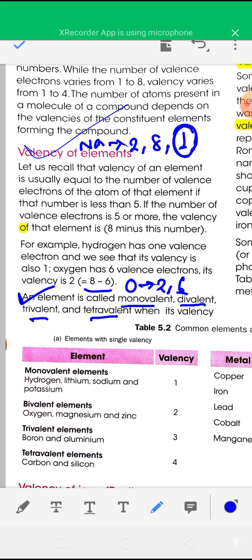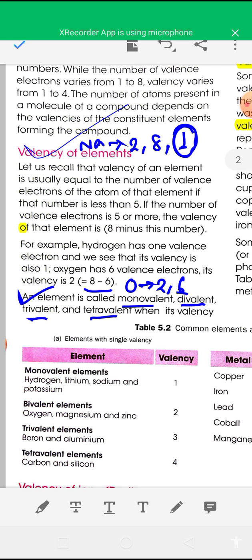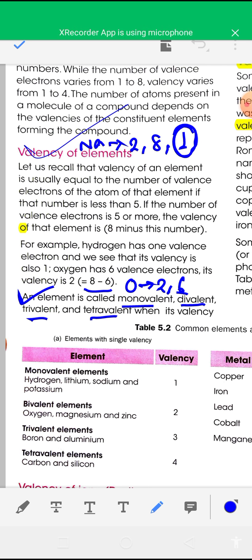So what is meant by monovalent? If the valency of an element is 1, then it is known as a monovalent element. For example, hydrogen is a monovalent element, its valency is 1. Lithium, sodium, potassium, all these elements have valency 1, so all are known as monovalent elements.